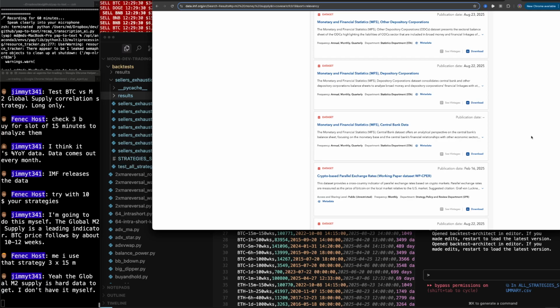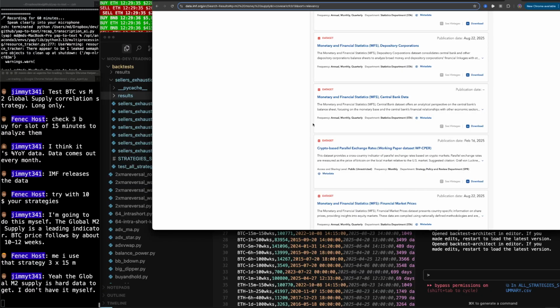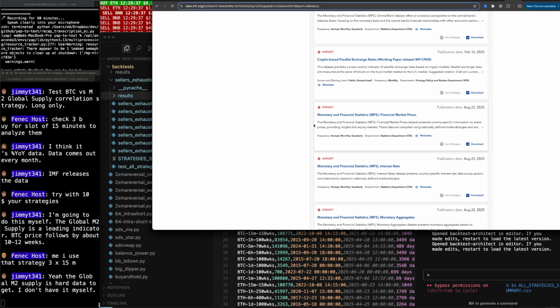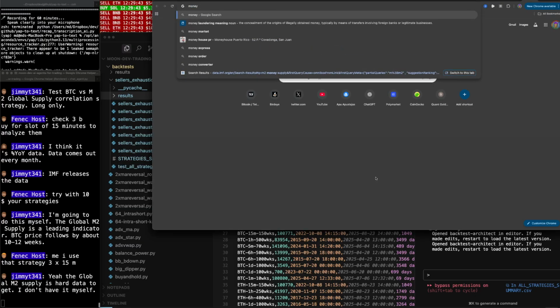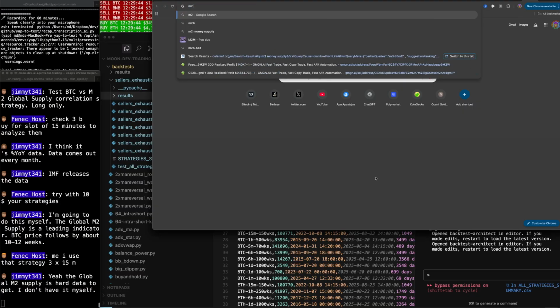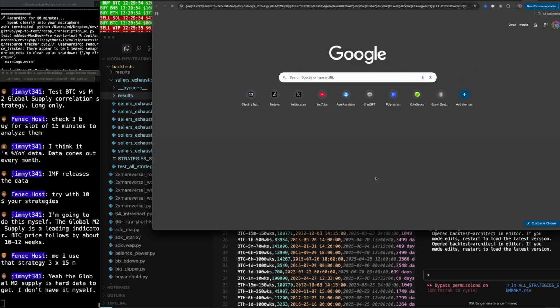I thought you had said that IMF releases the data. I mean, you just have to piece them together, right? How do you even get it? Okay, money. M2 data.